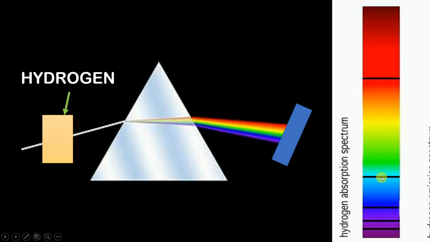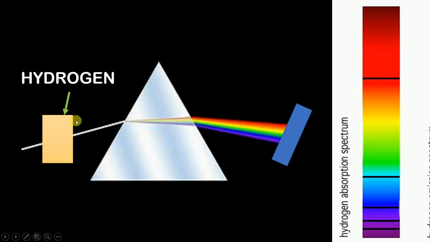Why are we getting these black color bands? They are observed because a wave of that particular wavelength is missing over here. Why is it missing? Because this particular wave is being absorbed by the hydrogen gas.